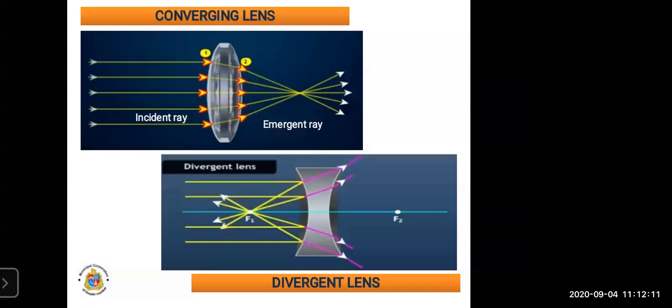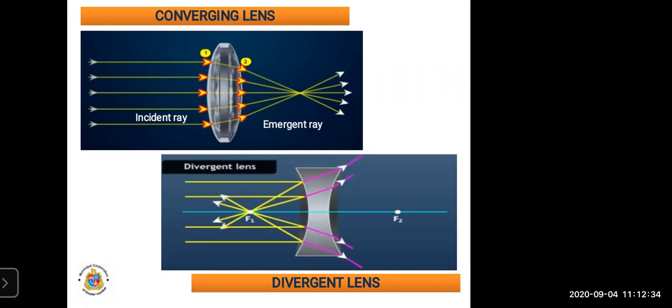Now next is what is meant by the converging lens and divergent lens. What is meant by converging lens? First we will learn about the converging lens. Look at the diagram, students. The first diagram shows the convex lens.